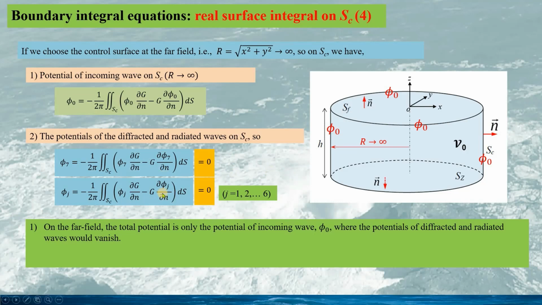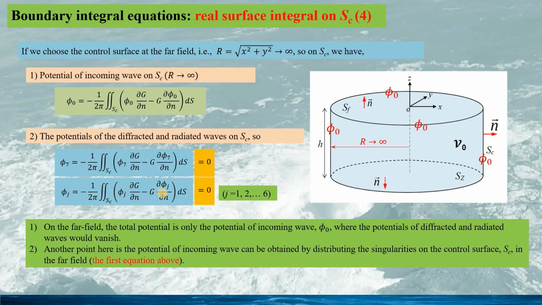But this does not mean the surface integral on the large surface SC would be 0. Another point here is that the incoming wave potential can be obtained from the singularities distributed on the very large control surface SC, given by this equation.